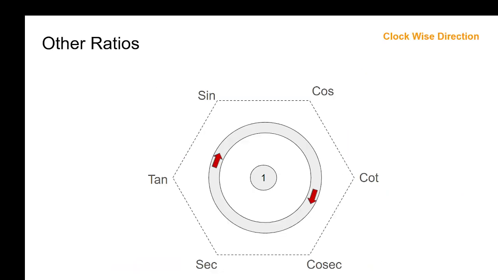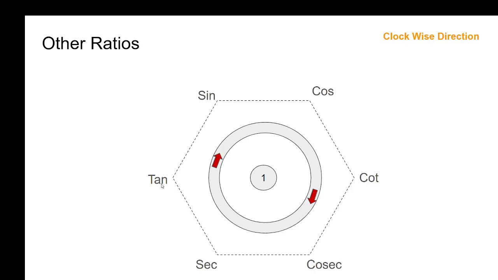And moving on to the other ones, you can still get the various relationships between the ratios by navigating through the vertices in the clockwise direction as well as the anti-clockwise direction. Let's start with the clockwise direction.